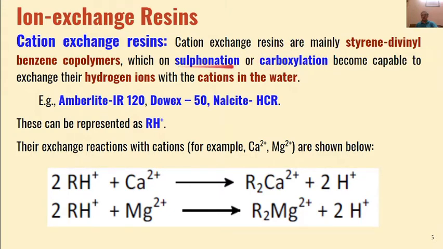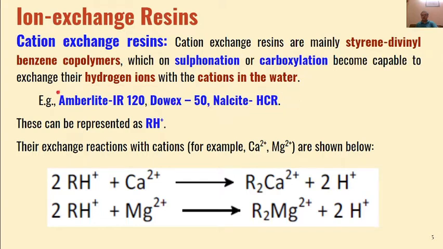So when these copolymers are sulfonated or carboxylated, they get their functional groups on the polymer, and these functional groups will exchange hydrogen ions with cations in water. And the most common cation exchange resins are Amberlite IR 120, Dowex 50 or Nalcite HCR.